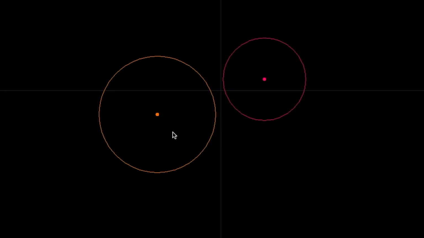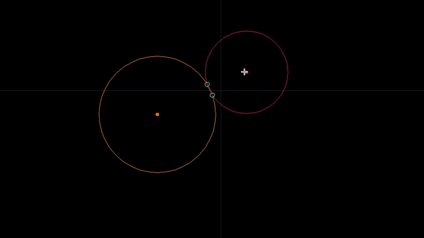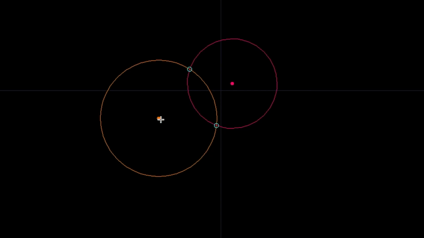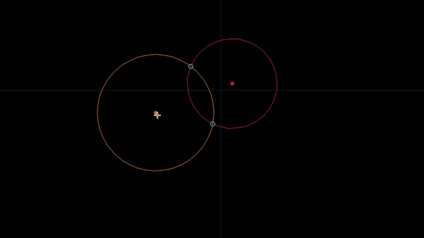So you've got two circles, and the problem is to figure out, when the circles are overlapping, where these two intersection points occur. Let me break it down more as a number crunching problem. The givens that you have to work with are the following. You're given the x and y pixel coordinates for the center point of the orange circle.